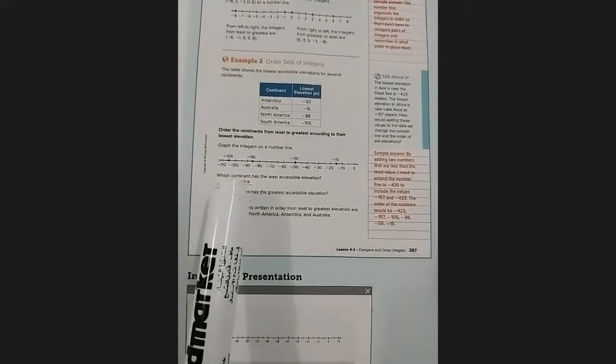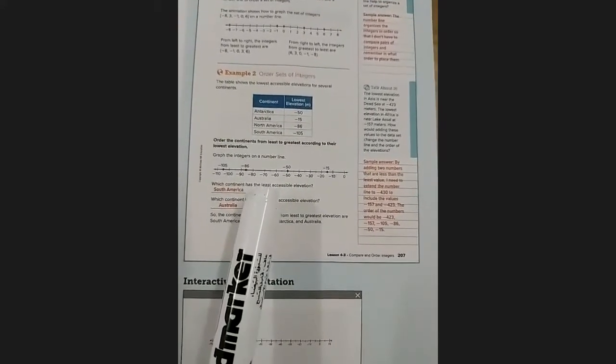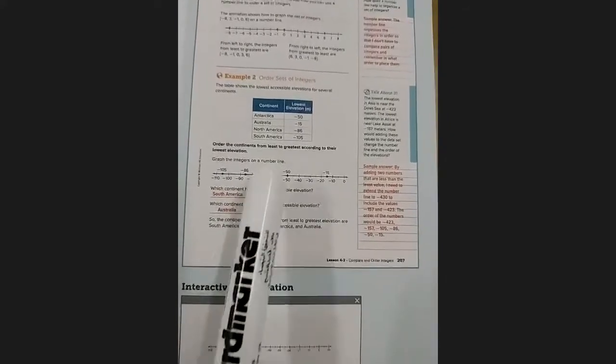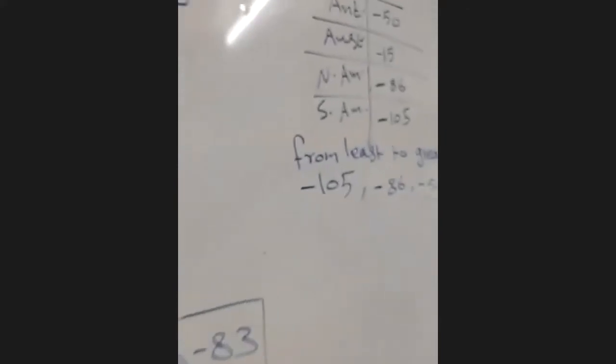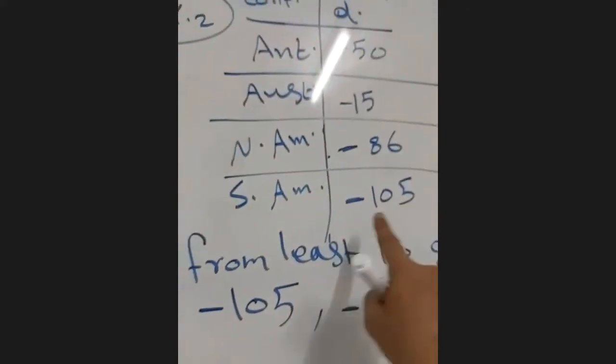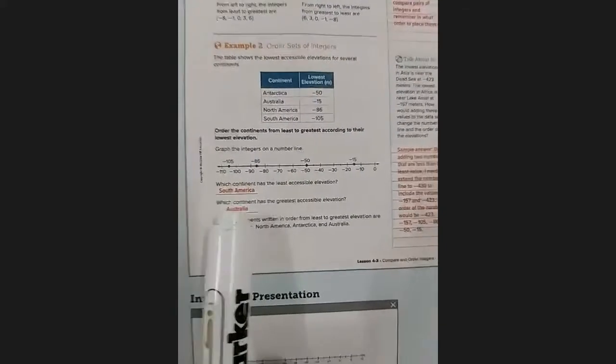Now, down from this ordering, we have the questions. Read, Yusuf. Which continent has the least accessible elevation? South America. The least number is -105, and -105 is South America, right?